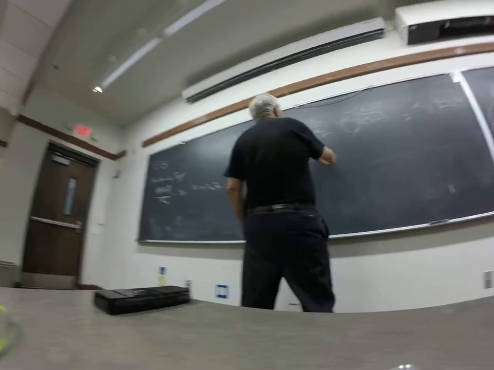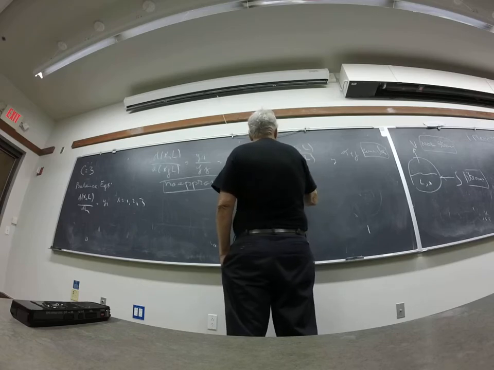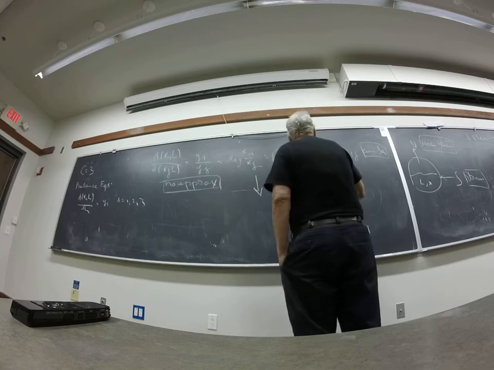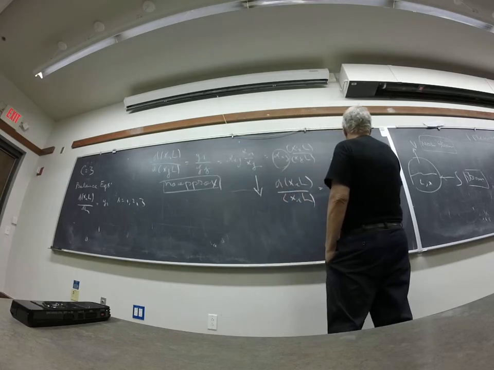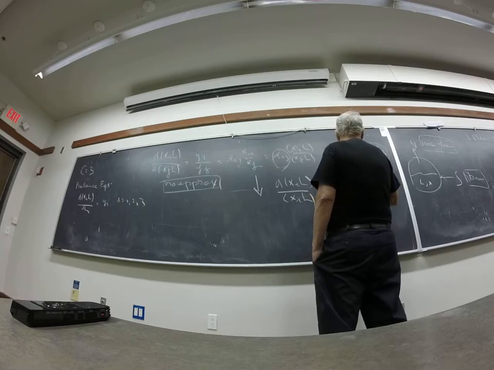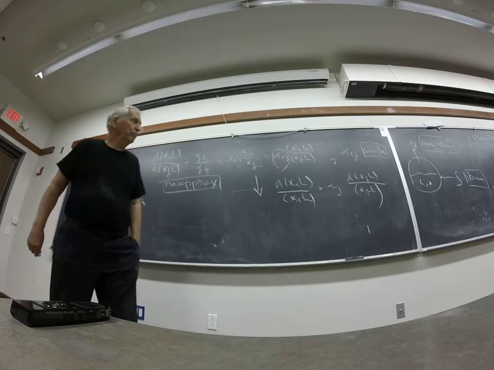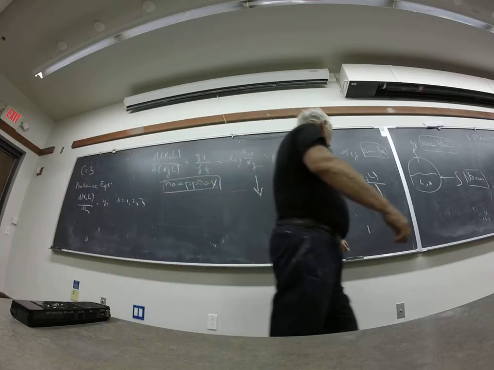So what have I got? That gives me dxil over xil equals alpha ij dxjl over xjl. So I integrate it. And here's what I learned.